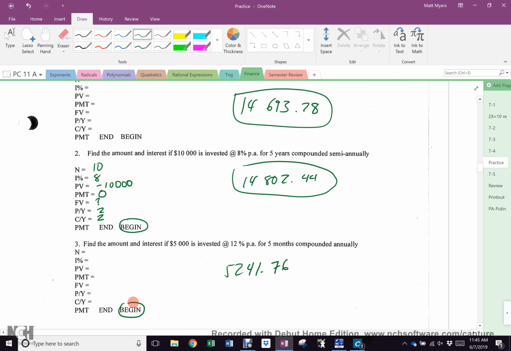You were going to ask me something, Josh? How come for the example it says end payment? Which one? Example B. 4/7. It does say end, doesn't it? Now, why would that be end? Oh, okay.